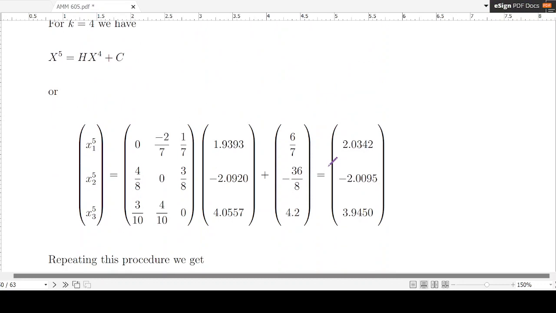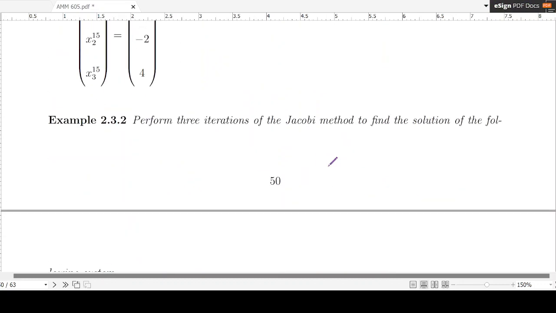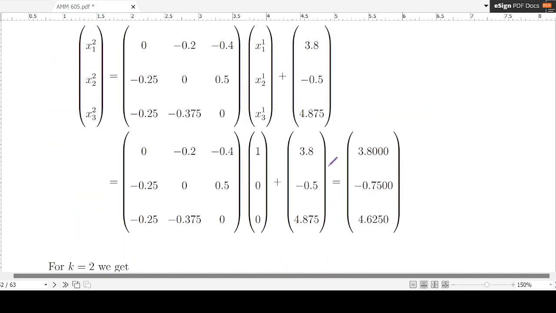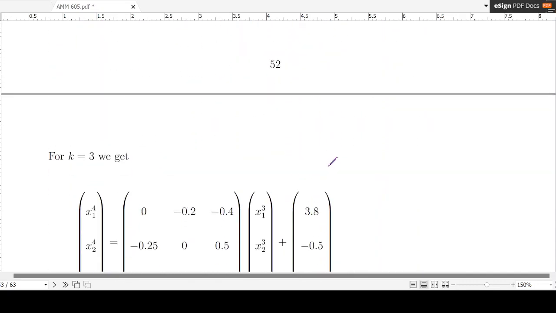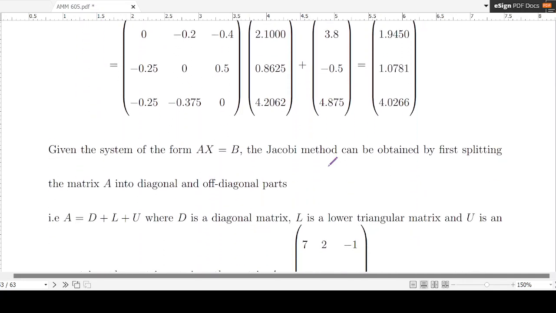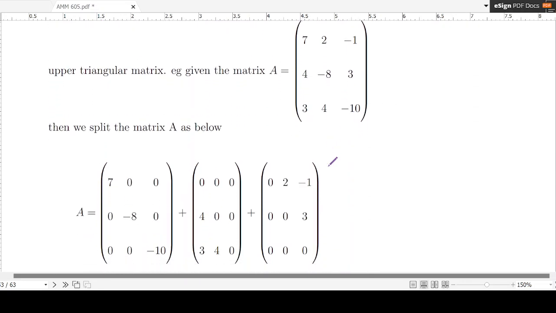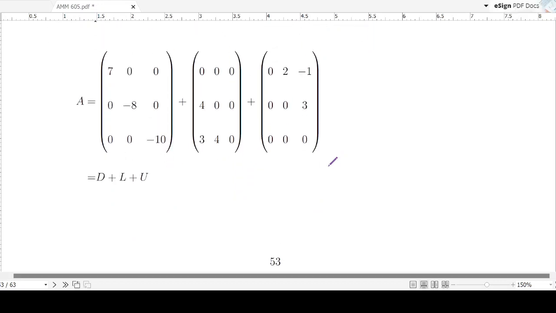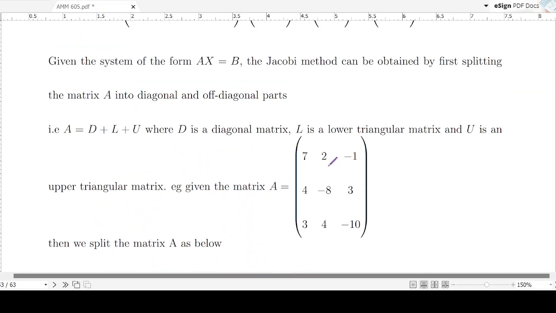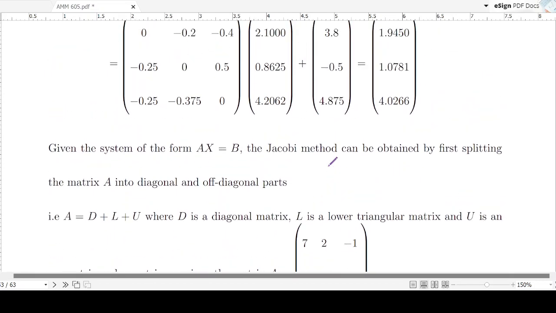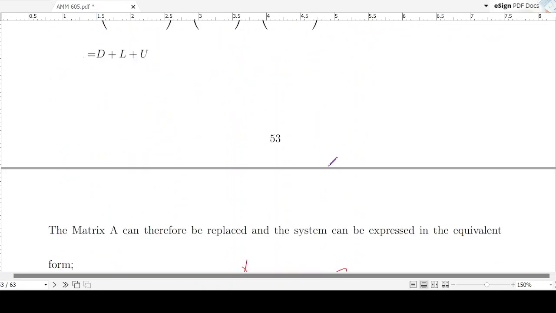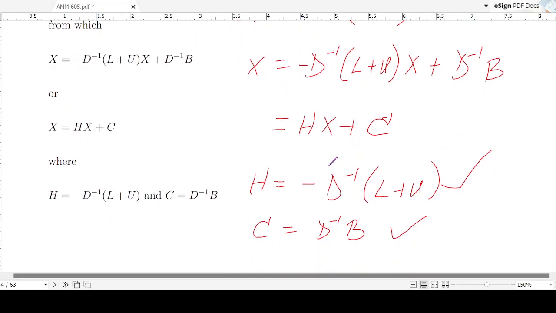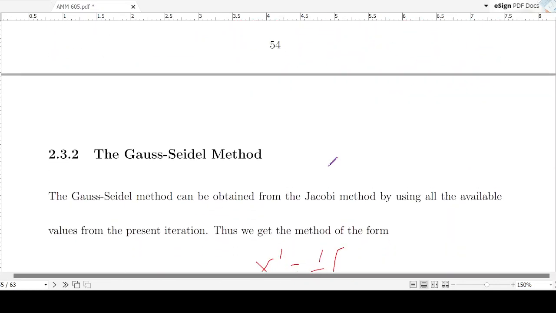So the idea is, if you have already computed a better approximation to a solution, you cannot go back and use an old value which you know is not a very good approximation like the one you currently have. So in this case, you use the value in the current iteration, whenever it becomes available.